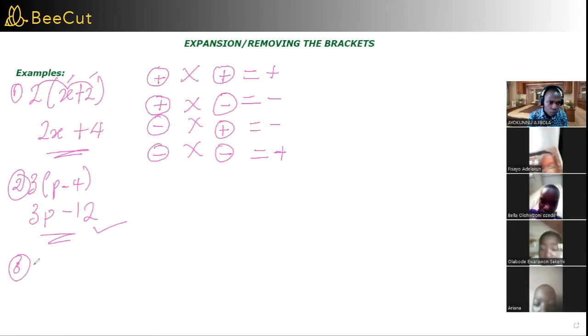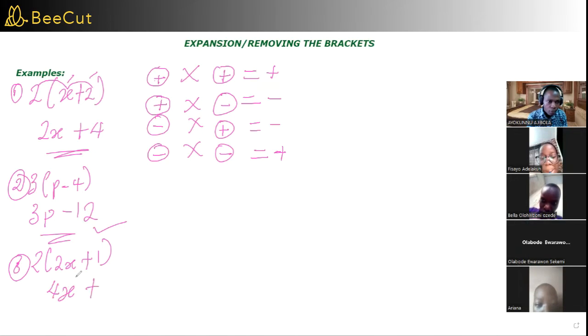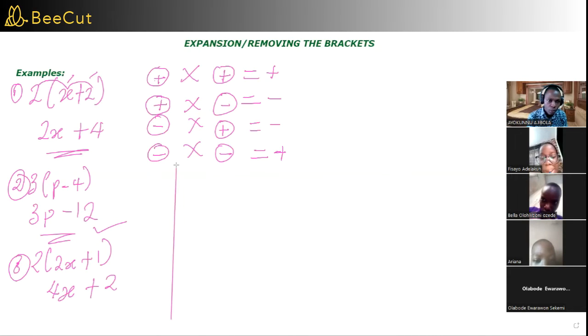Next question. 2 into 2x plus 1. Now I'm going to just say 2 times 2 is 4, so I have 4x. Then plus 2 times 1 is 2, so I have this. Then let me divide this place so that I can at least have spaces to use here.